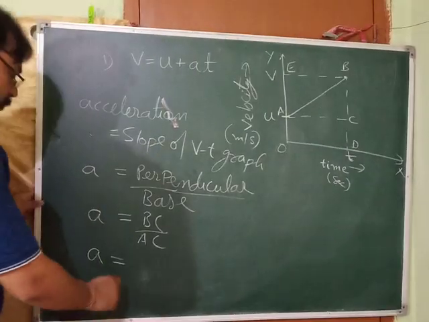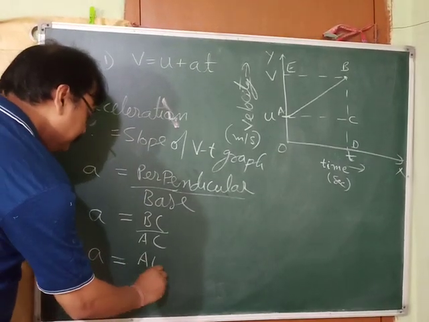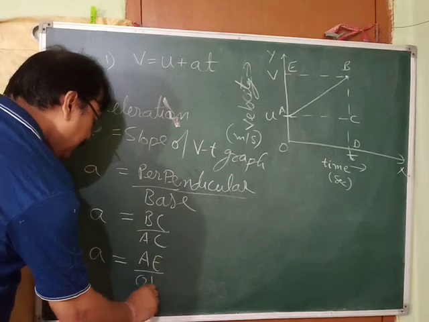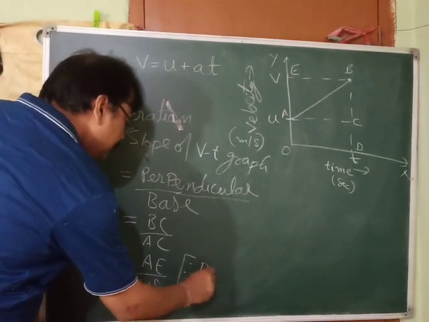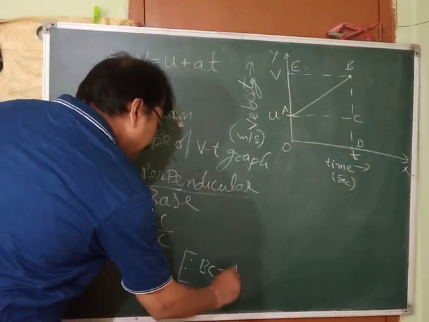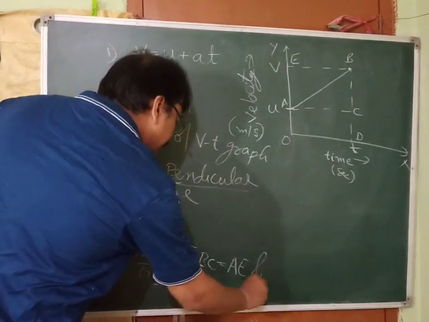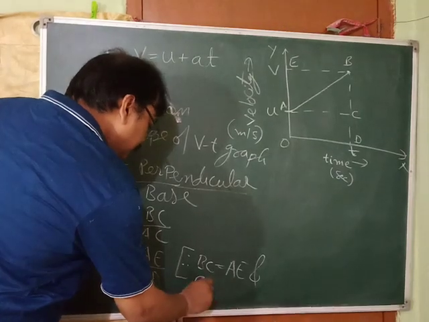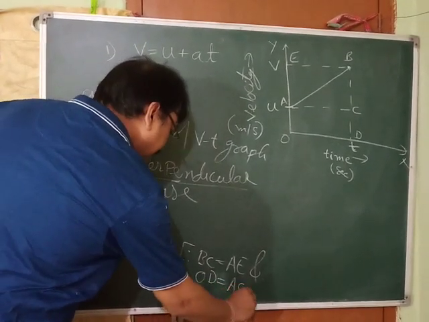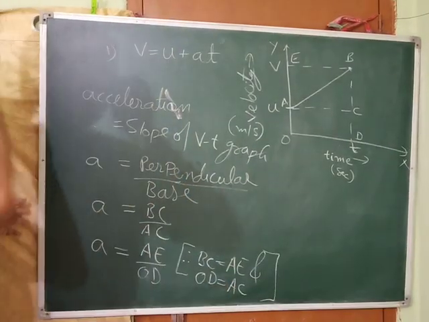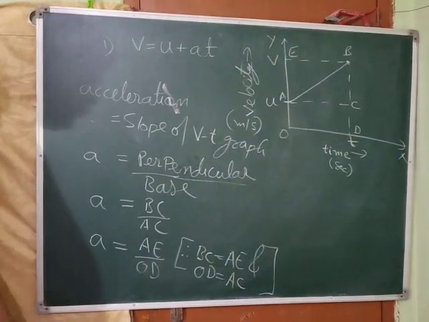Okay, so we can write AE here and OD here, since BC is equal to AE and OD is equal to AC.